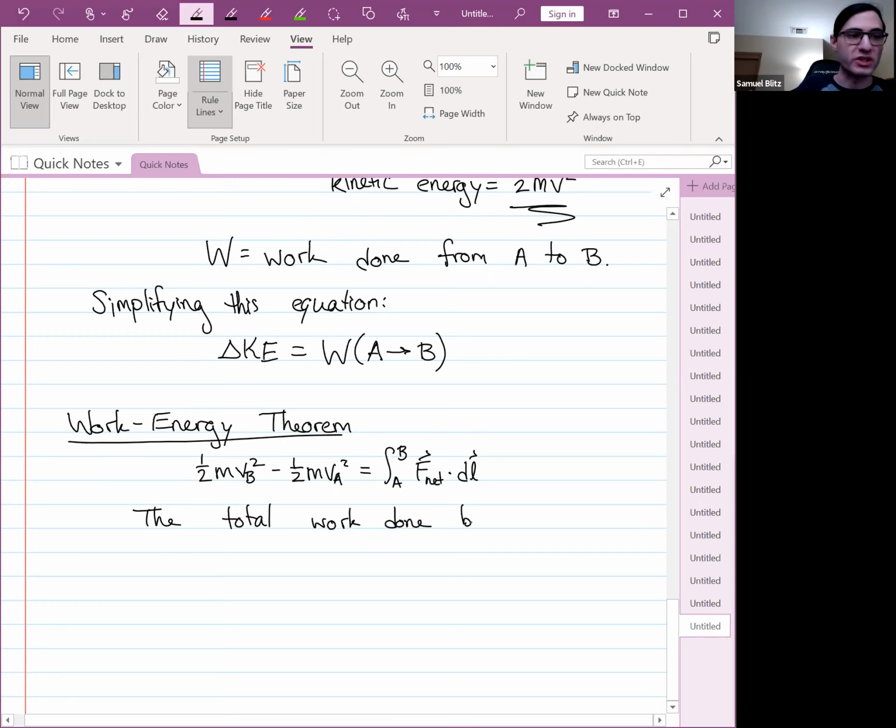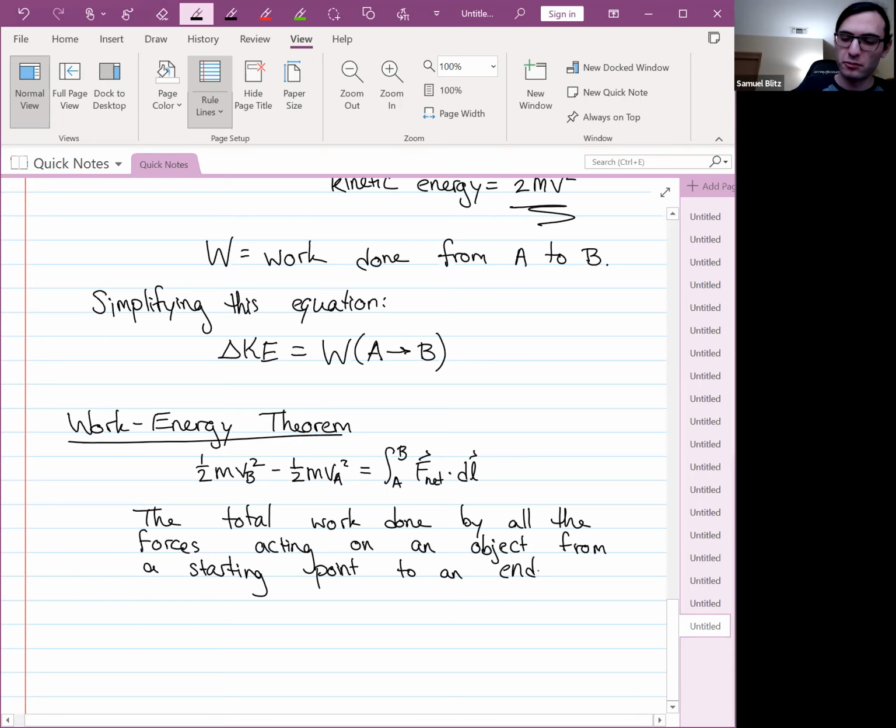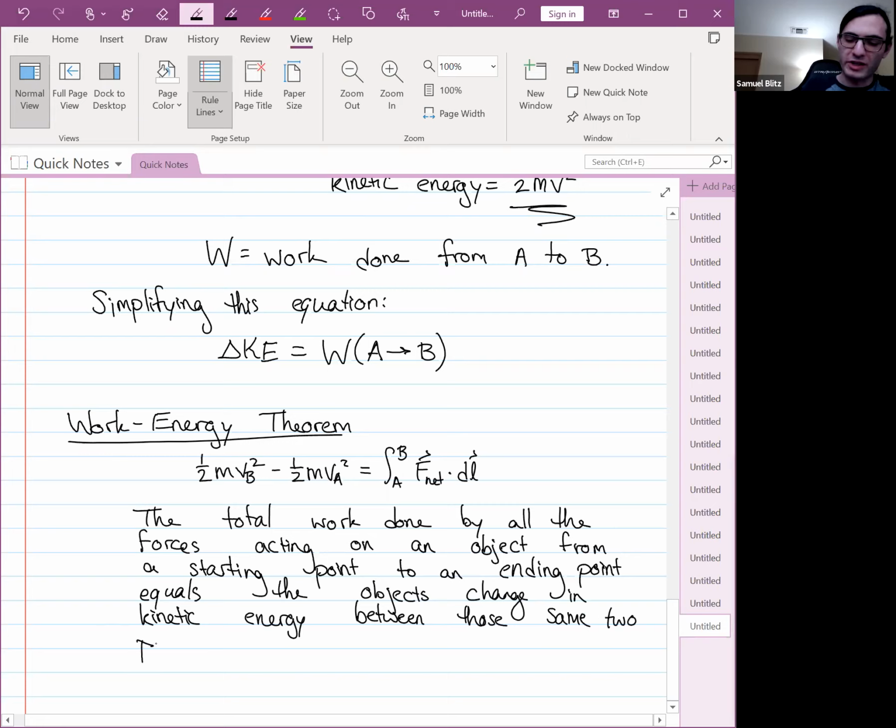So the total work done by all of the forces acting on an object from a starting to an ending place, a starting point to an ending point, that starting point being A, that ending point being B. By the way, these are points in space, not points in time, equals the object's change in kinetic energy between those two same places.